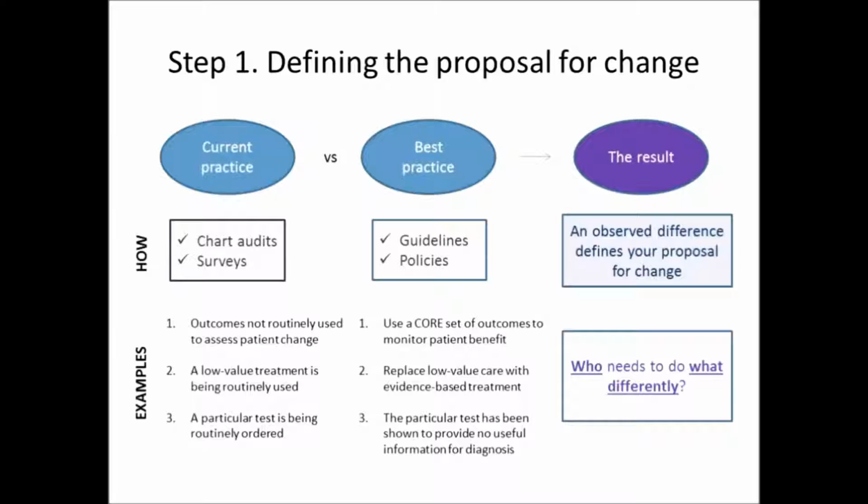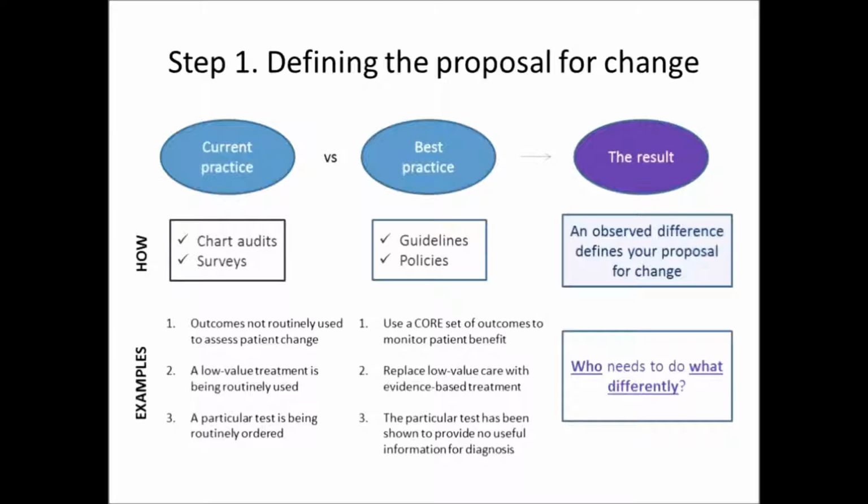So step 1, this is an extremely important step. If you haven't done this, it might make it very hard for you to move to step 2 or 3 or have any type of intervention that's going to work. The whole point here is to come up with the problem and make it as accurate and concrete as possible. So you take a look at your current practice. This happens during quality improvement initiatives all the time in hospitals or in healthcare settings.